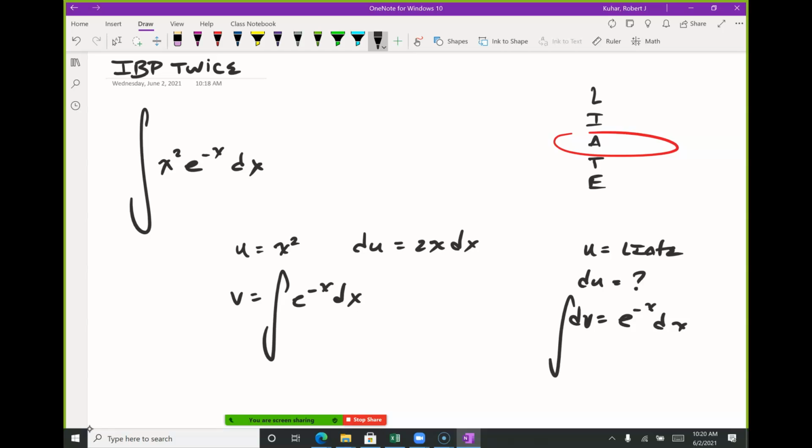And then I integrate, and so I get v is the integral of e to the minus x dx. I think I was saying that slightly different at first. It's more proper to say that v is everything else, including the integral.